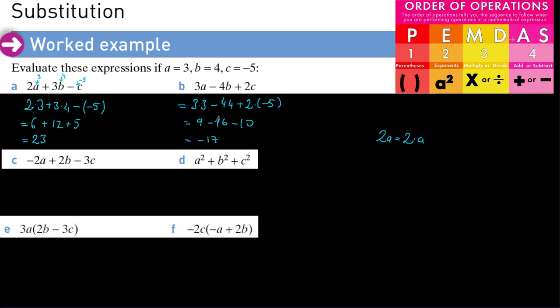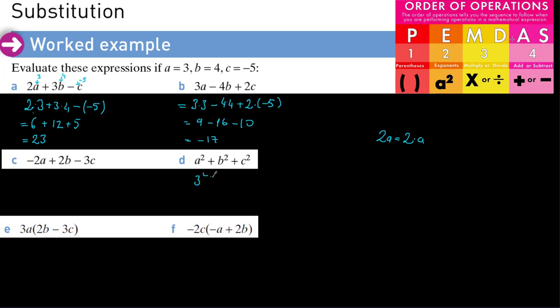Again, I'm repeating, 9 minus 16 is equal to -7, -7 minus 10 is equal to -17. Now I'm going to continue with this exercise because it has square terms, and I need to be careful about that. When I say a squared, this is a times a, and I need to write it in parentheses.